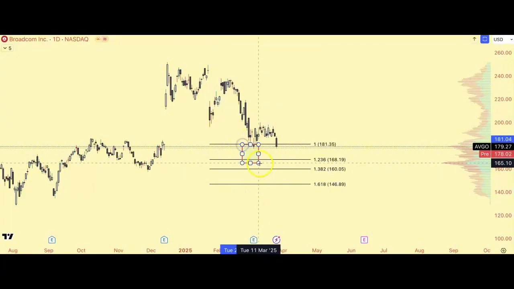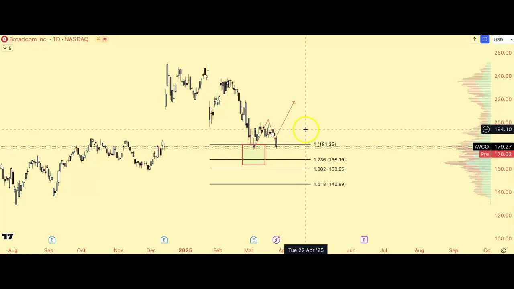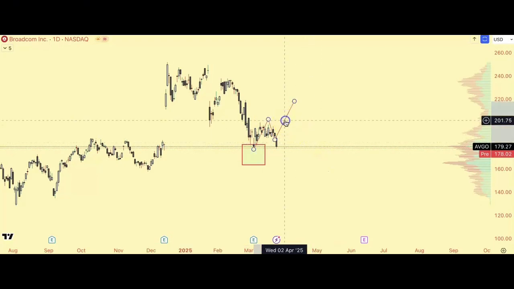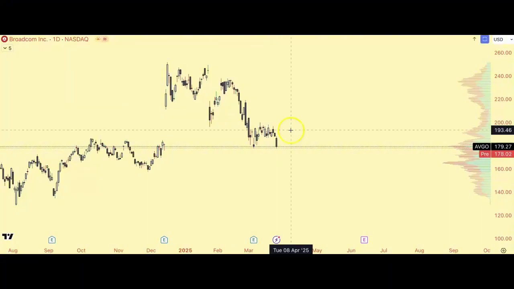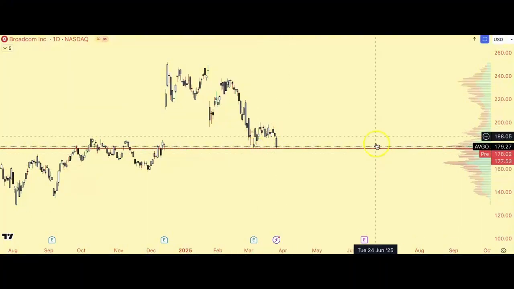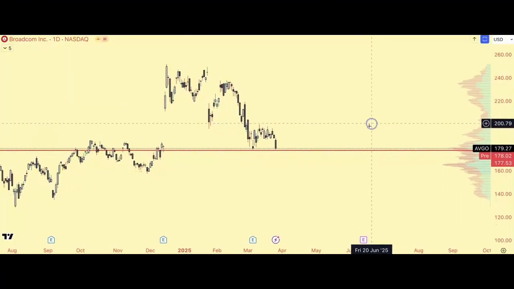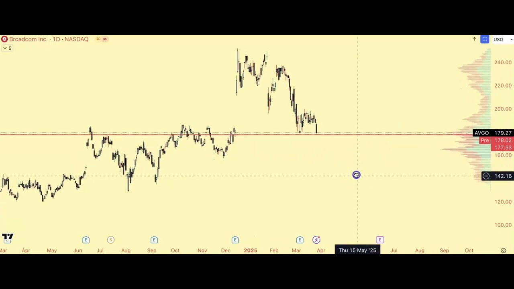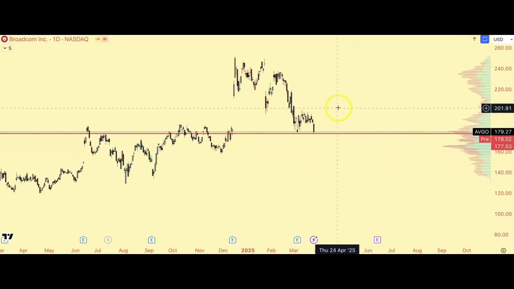We're supposed to pump out of these levels. We're supposed to make at least the three-wave move up, but it looks pretty bearish to me. We're cycling off these lows, and it's starting to break these lows. So the question is, AVGO, is Broadcom giving us an early warning sign that the markets are showing weakness?